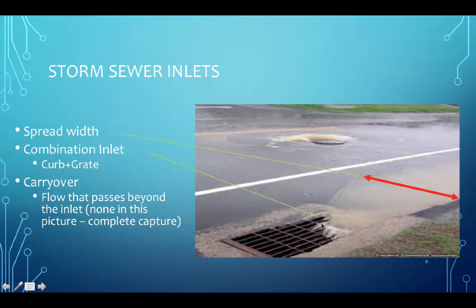Here's the actual inlet, and then if there were flow to pass beyond this inlet, going in the direction that the cursor is moving, that would be called carryover. There's no carryover in this particular photograph. All the water that's carried by this curb actually gets to the inlet and actually gets a little extra bonus water here for water that's coming out of that subsurface system.